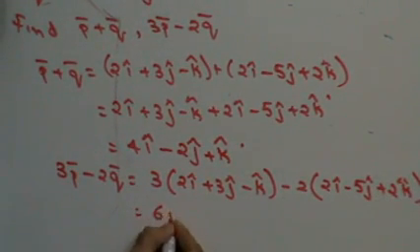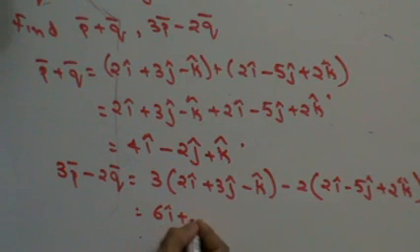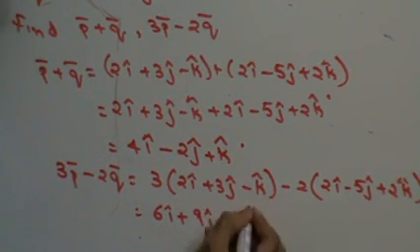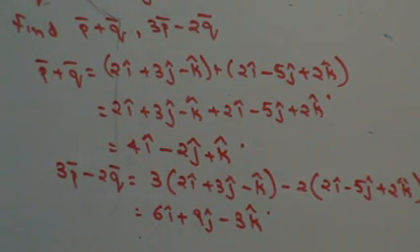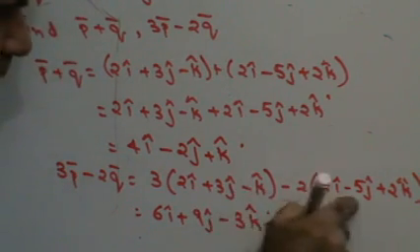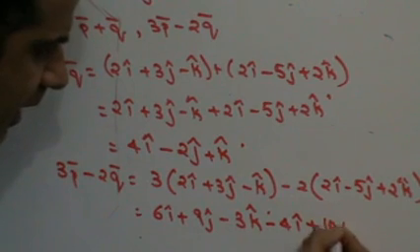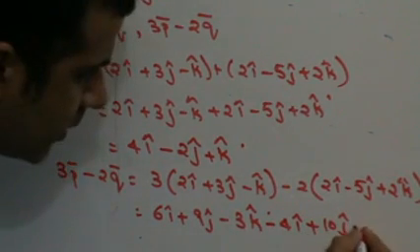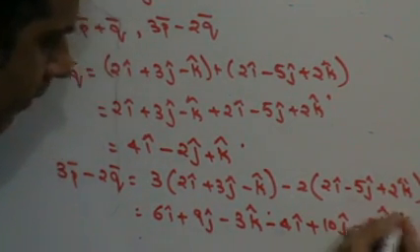So this is going to be 6i vector plus 9j vector minus 3k vector. How did I do this? Just simple, open the bracket, multiply 3 with all the 3 terms. Then minus 4i vector, minus into minus plus 10j vector, minus 4k vector.